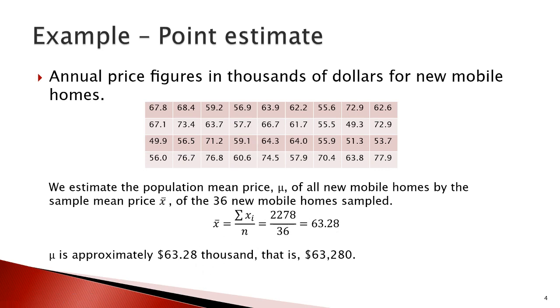So we can say that mu is approximately 63.28 thousand dollars, that is 63,280. That is the approximation that we obtain using the sample data, that is x bar.